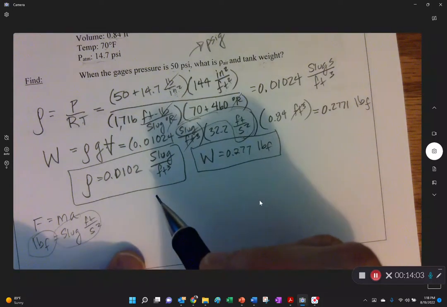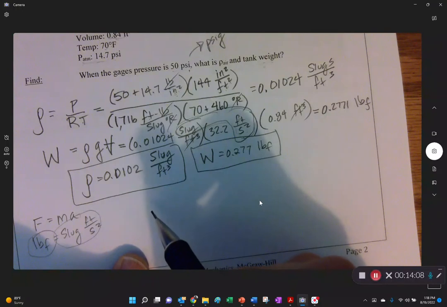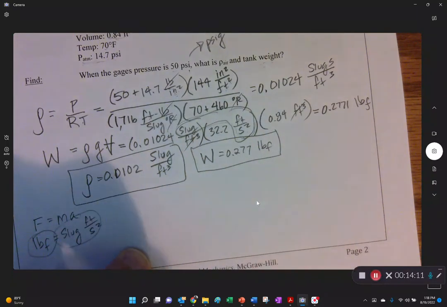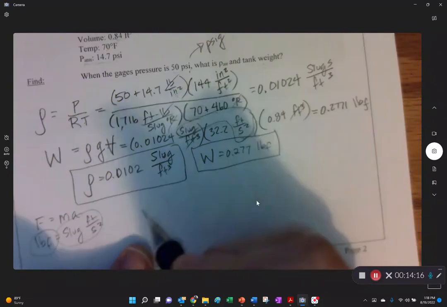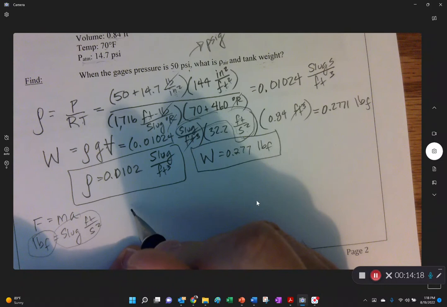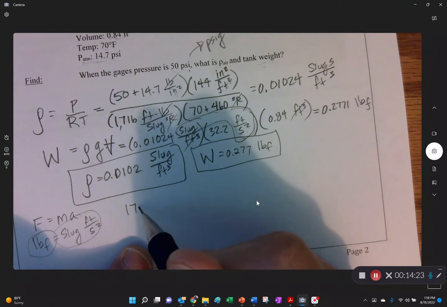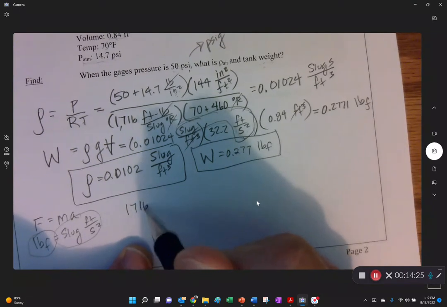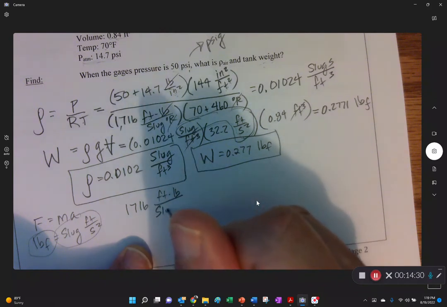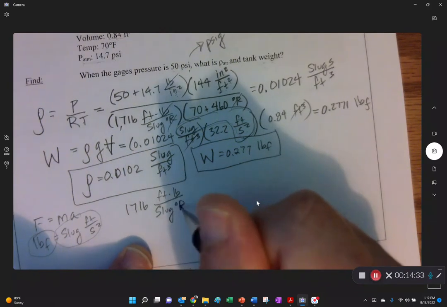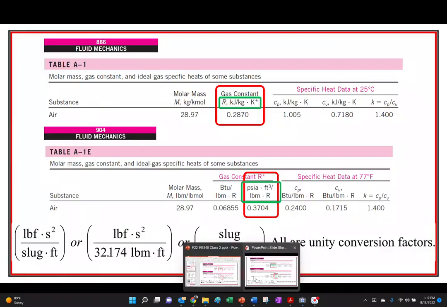So if I want instead to have the conversion, I'm going to think about pausing this and trying to write this out, because I'm trying to wing this on the side. So I have 1,716 foot-pounds per slug degree Rankine, and I want to turn it into what we have right here.